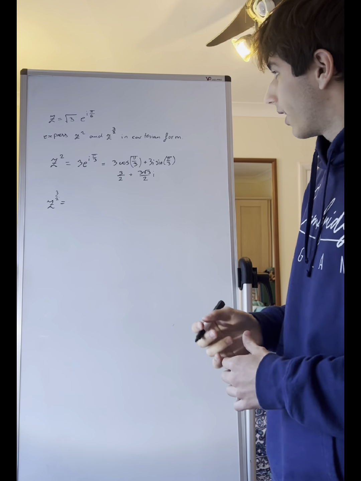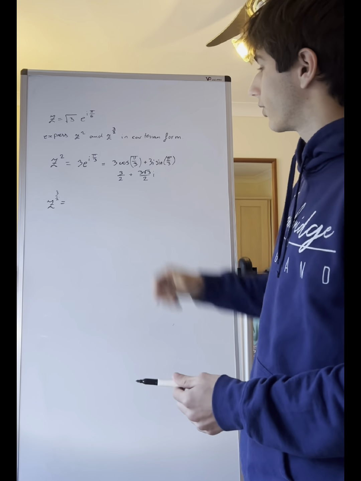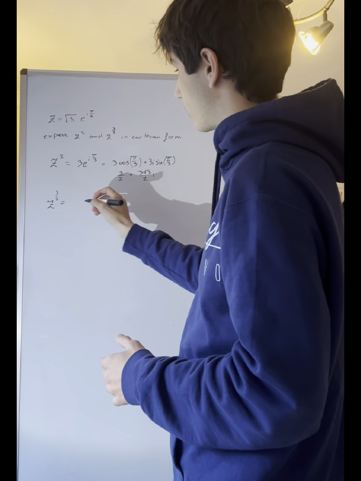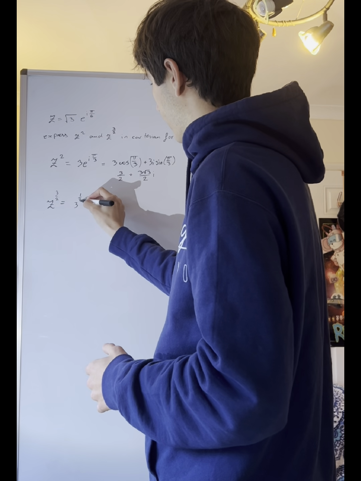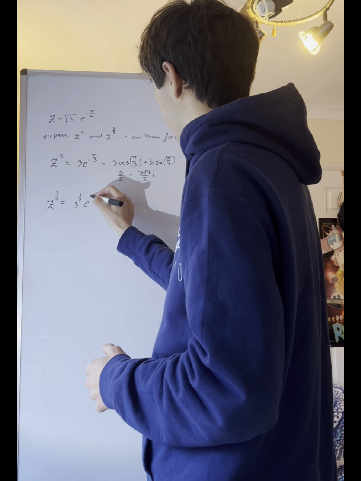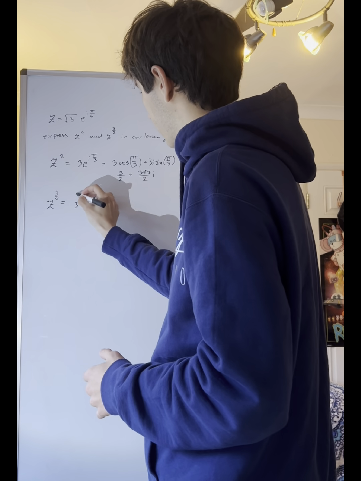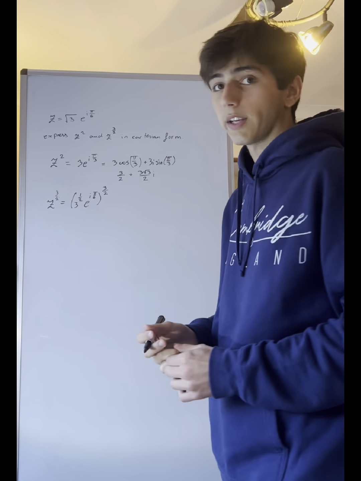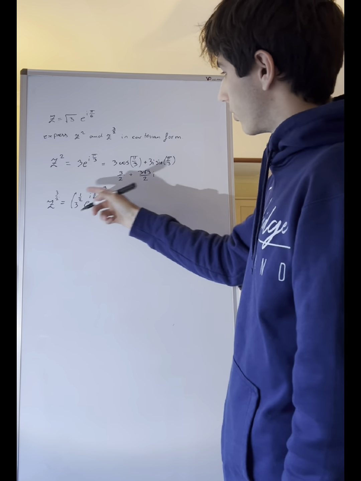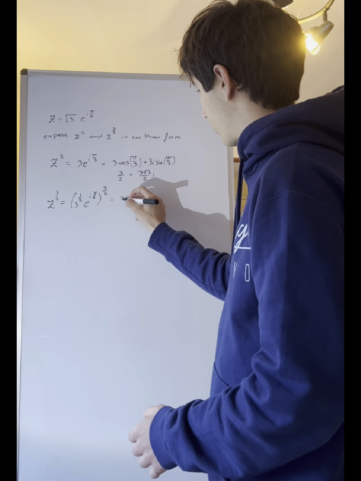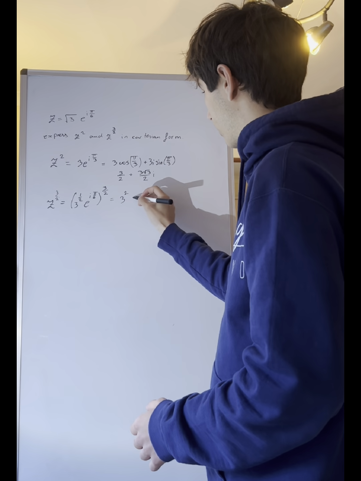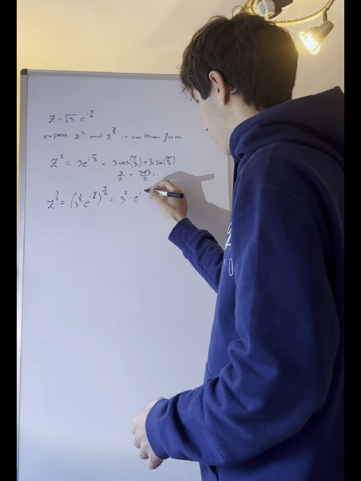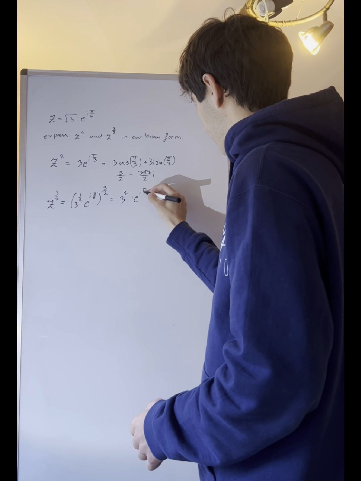Okay? And so for raising it to the 3/2, it's slightly more tricky. So we're going to say the root 3 is 3 to the 1/2, and I'm going to keep e to the i pi over 6 as it is. Raise this to the 3/2 power. So distributing our power, this is going to give 3 to the 3 over 4 times e to the i pi over 4.